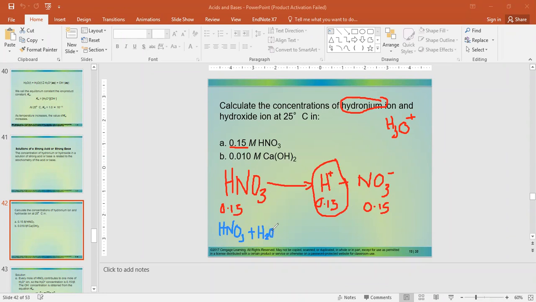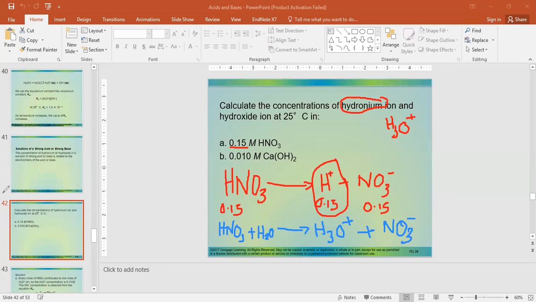Or what do you dissolve this nitric acid in when you're making dilutions in your labs? Water. You use water. That is the water I've written here. And that's why you are going to get H3O+ and NO3-, like that.